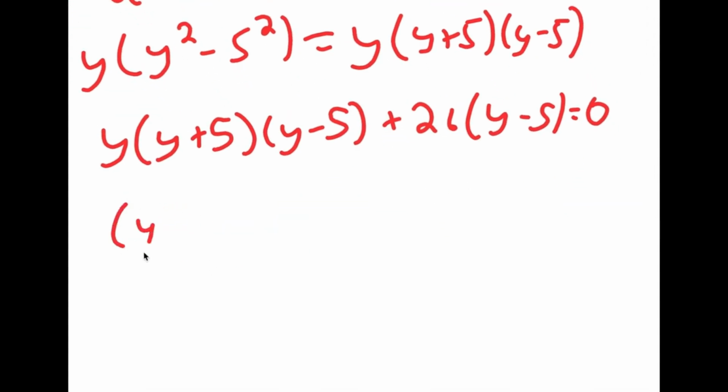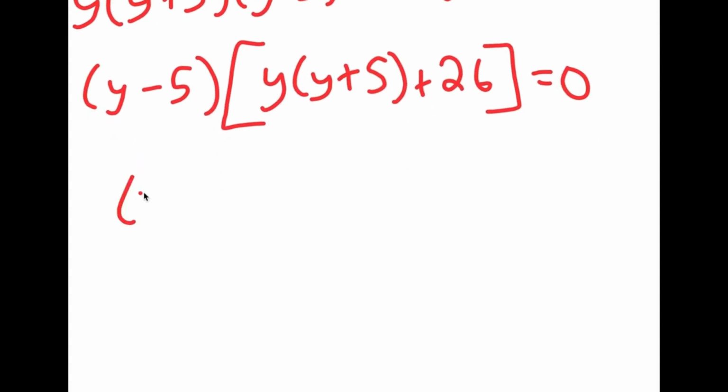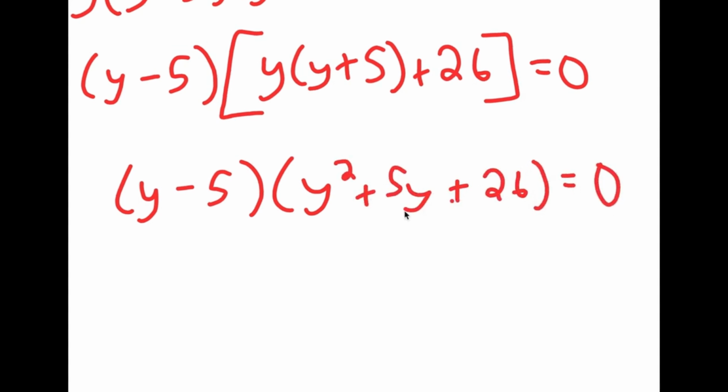And now if I factor out y minus 5, I get y minus 5 times y plus 5 plus 26 is equal to 0. And this gets me to y minus 5 times y squared plus 5y plus 26 is equal to 0.